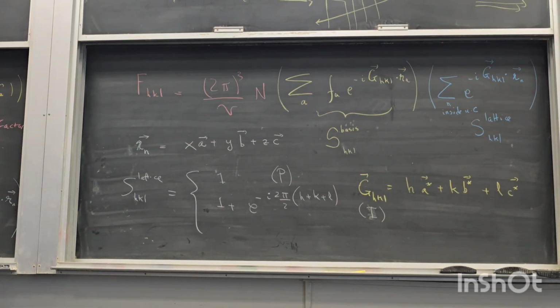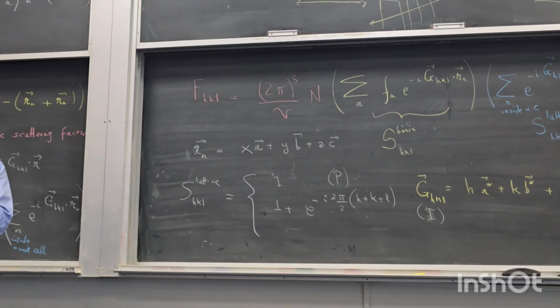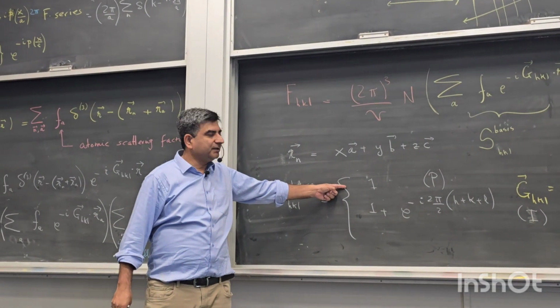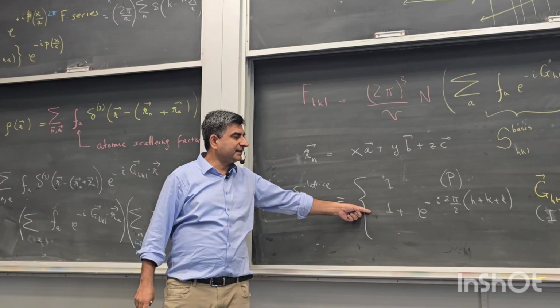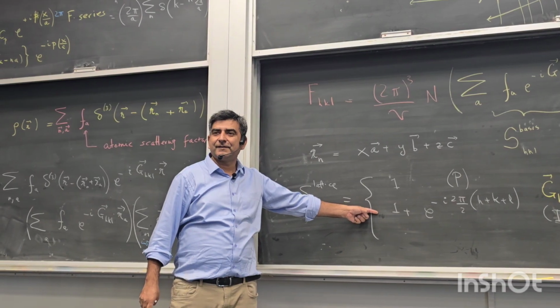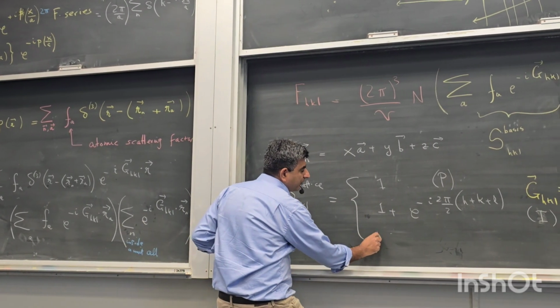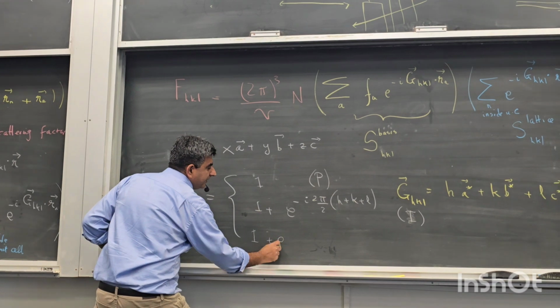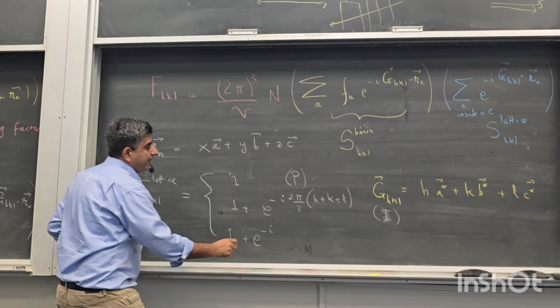So it is 1 plus e to the minus i pi (H plus K plus L). So the structure factor for the lattice for primitive is just 1. For body centered it's this. For face centered it will be 1 plus e to the minus i pi (H plus K), plus e to the minus i pi (H plus L), plus e to the minus i pi (K plus L).